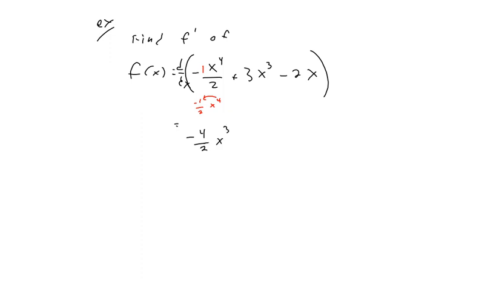Right, I brought my exponent down by 1. 4 becomes a 3. The negative 1/2 was my constant part. I multiplied that by 4. I got negative 4 over 2, which is really negative 2. We'll simplify. And x to the third power. Plus, next part here, bring the 3 in front. 3 times 3 is 9.